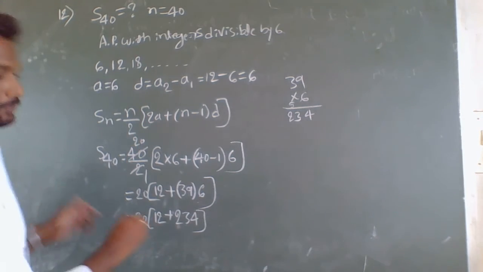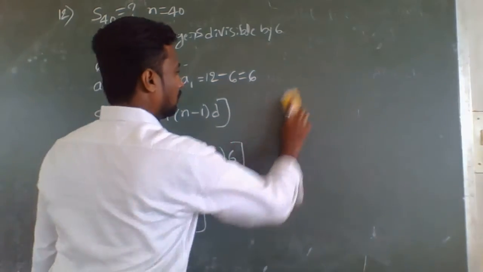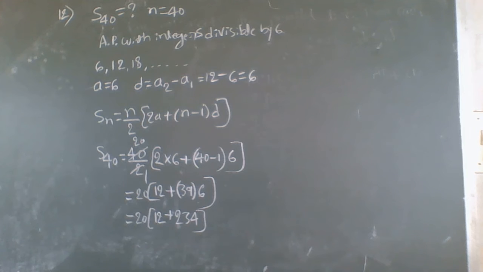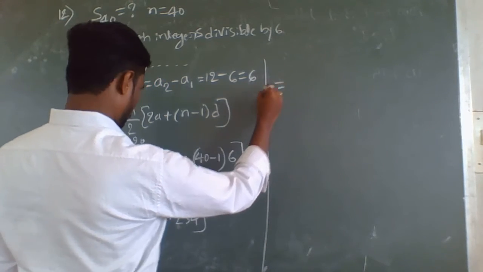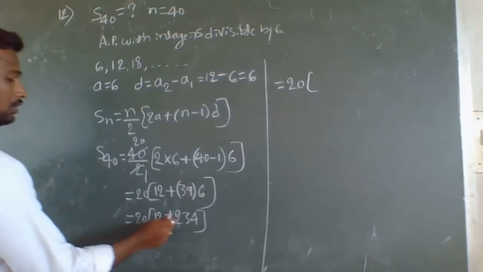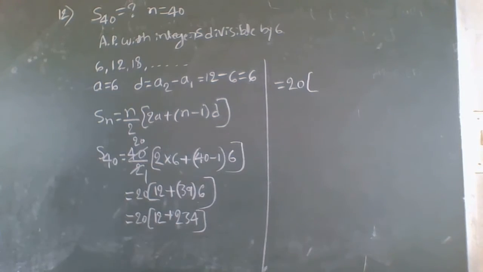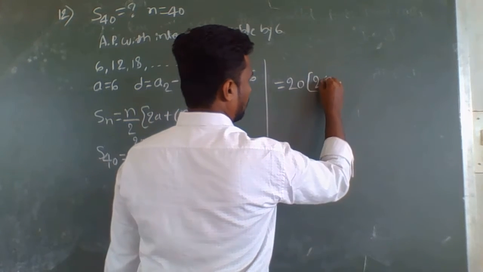Next step: 20 into bracket 12 plus 234, which gives 246.